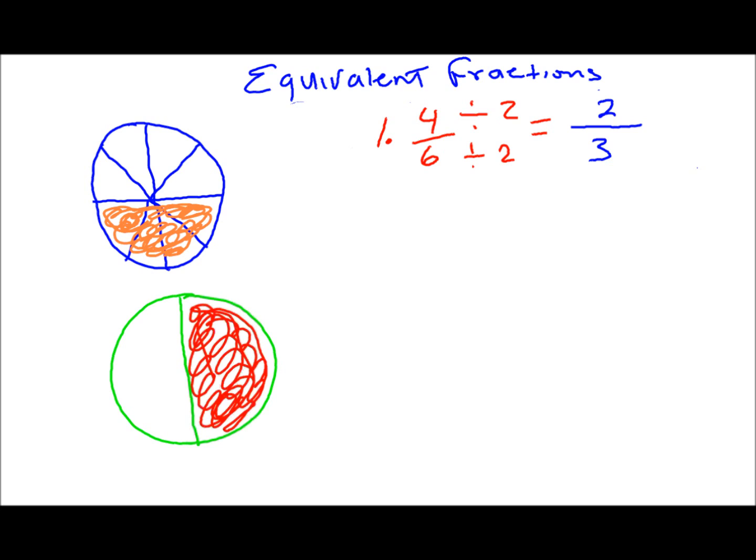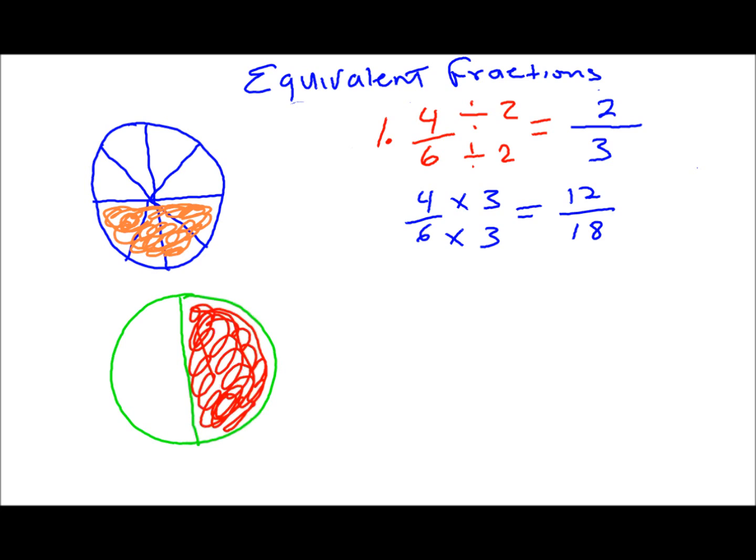Well, that's not the only way. We can also take this same fraction, 4/6, and multiply it by 3. So here, if we multiply both by 3, we will get 3 times 4 is 12, and 6 times 3 is 18.